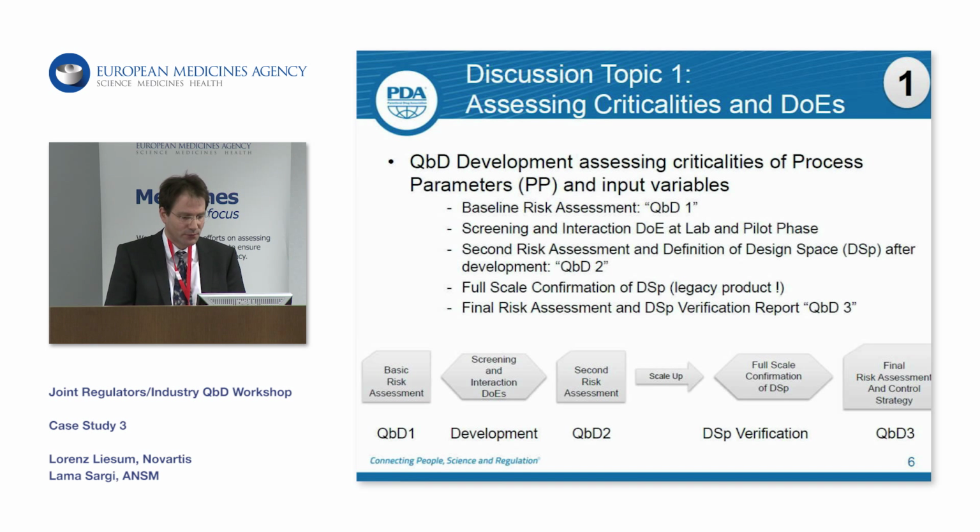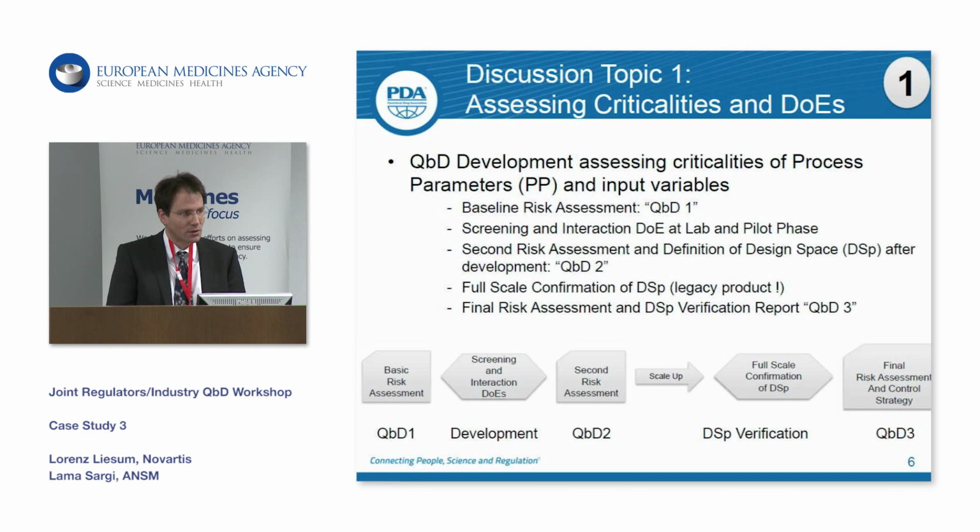Here we could already filter which process parameters could potentially be deemed critical, and all these potential process parameters were then included in a sequence of different lab investigations by means of DOE at lab and pilot scale.